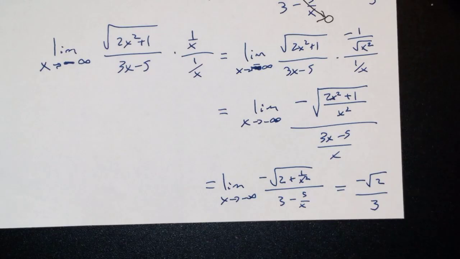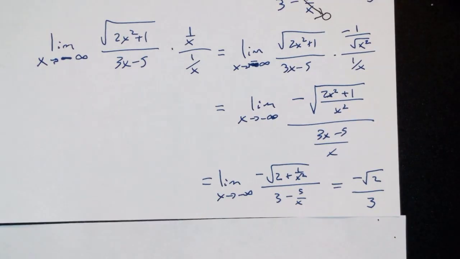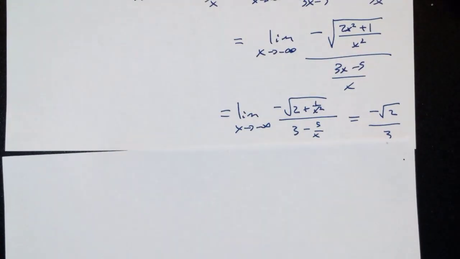It is absolutely correct for this function to have a different asymptote on the right than it does on the left because it's not rational. That square root makes it an irrational function. And that means that I can have a different thing on the left than I have on the right.